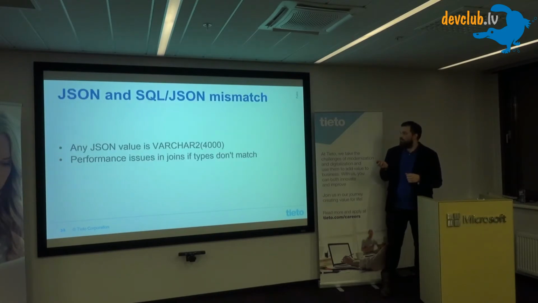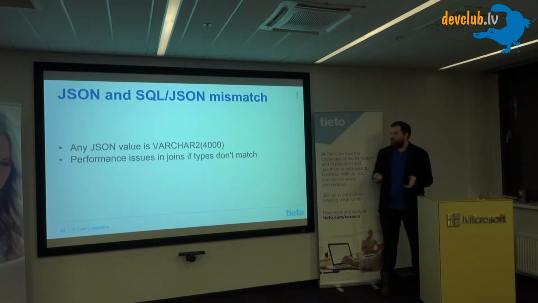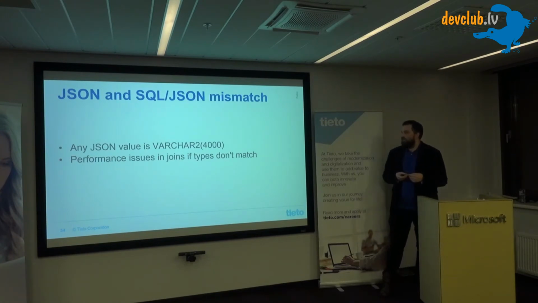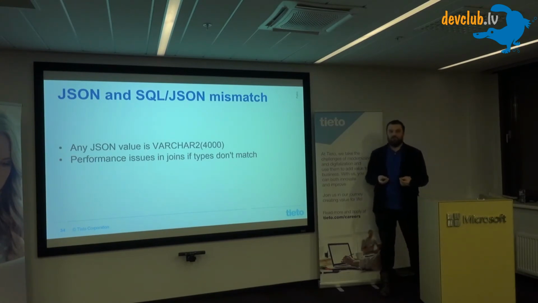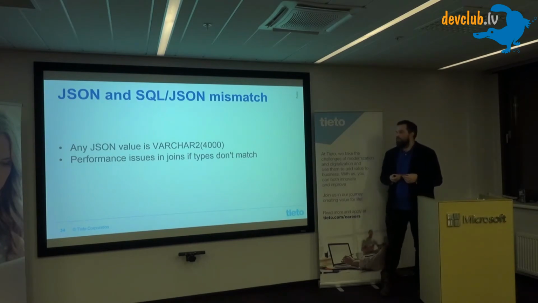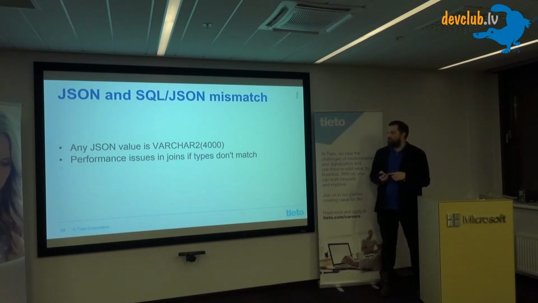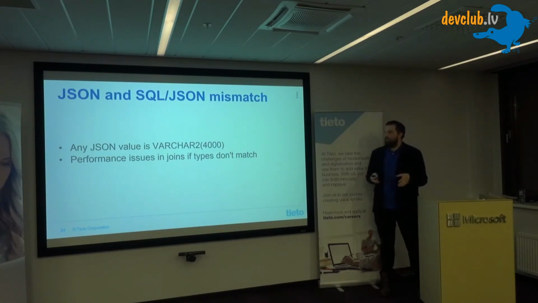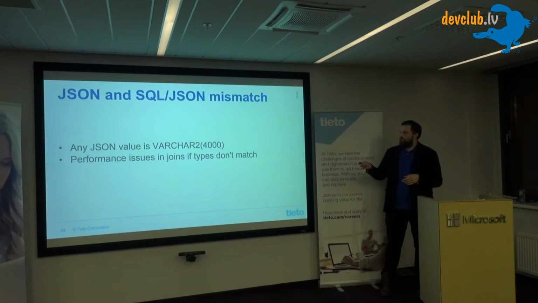One of the major problems that we experienced so far is that JSON itself is a typed data format. There are types like number and string, and then there are complex types, objects and arrays. Well, if you use JSON in SQL, then any value, regardless of its type in JSON, is basically a string.